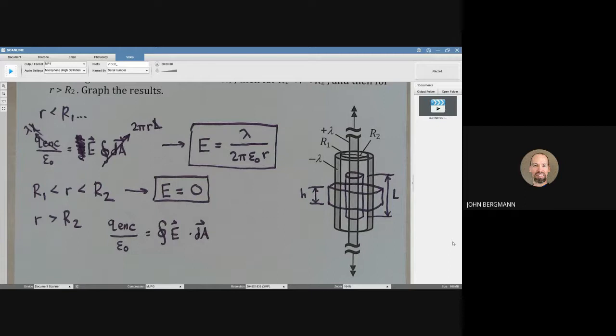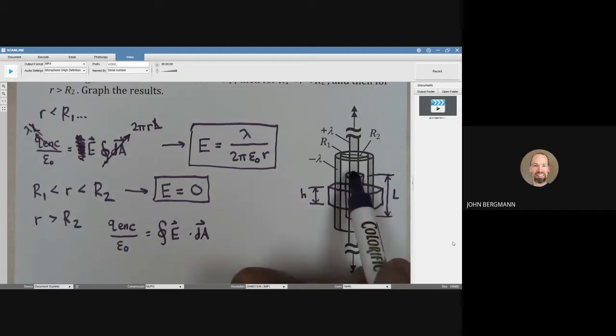Well, here's the neat thing. We just did a problem in the previous video. If you haven't seen it, you might want to take a look at it, where the charge that's going to be on the interior surface is exactly equal and opposite to the charge that's on the thing in the middle.